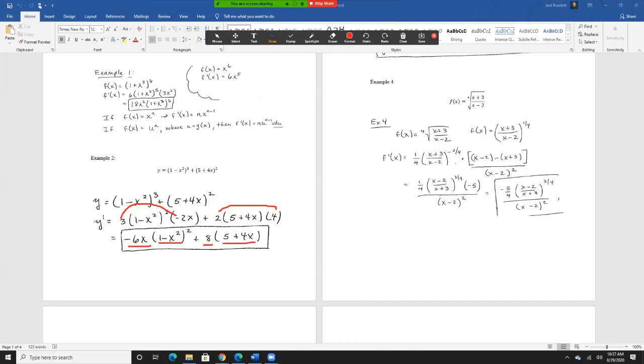I could say, well, this is negative 6x, and I could go ahead and multiply that by the 1 minus x squared squared. And I guess technically I could FOIL that out to clear out parentheses entirely. But again, it doesn't do any good at this point to continue. I could distribute this 8 across here, and that would give me 40 plus, what, 32x?